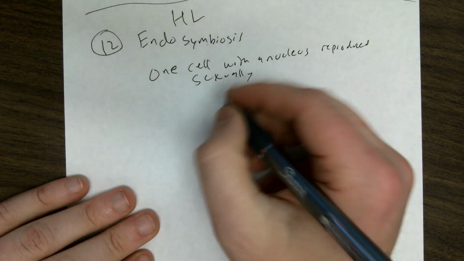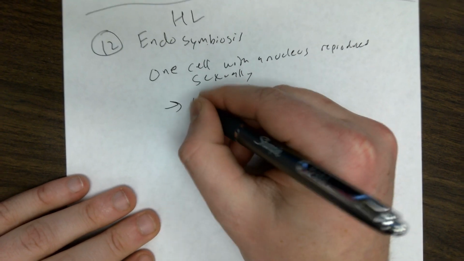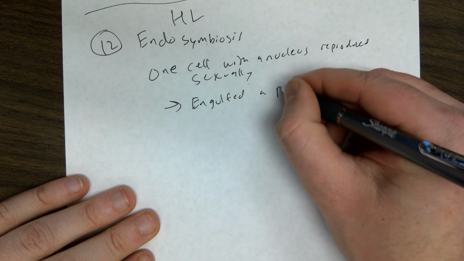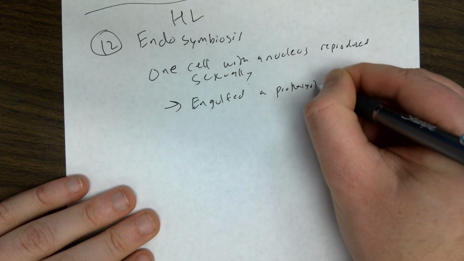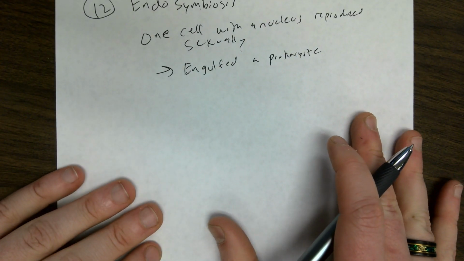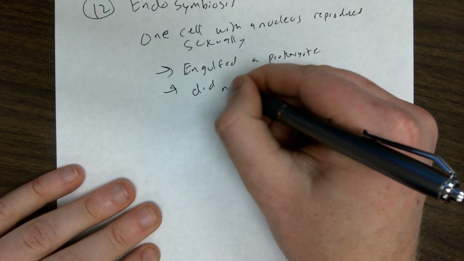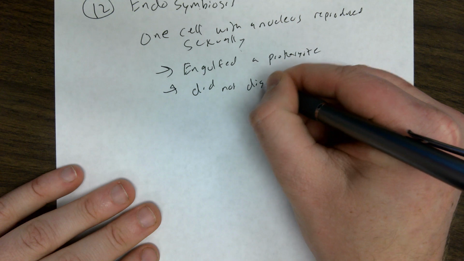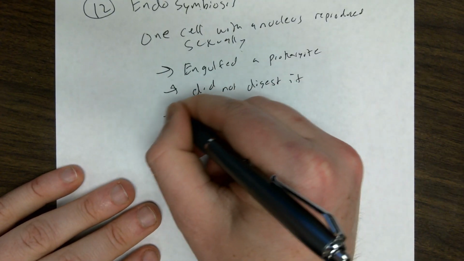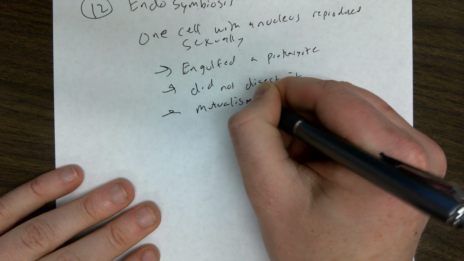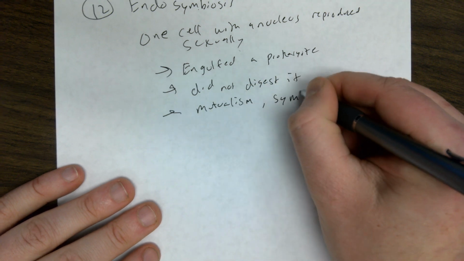And then it ate a mitochondria. So it engulfed a prokaryote and did not digest it. And it formed a mutualism, a symbiotic mutualism at that.